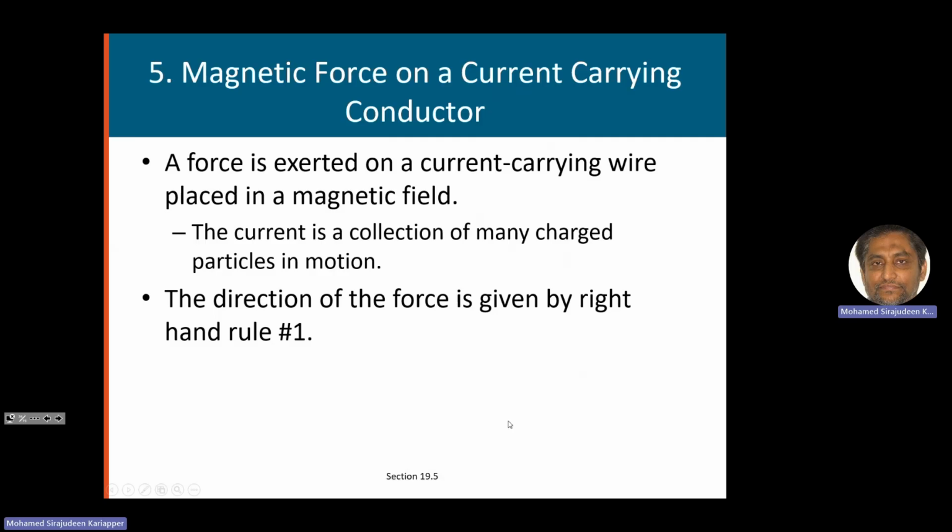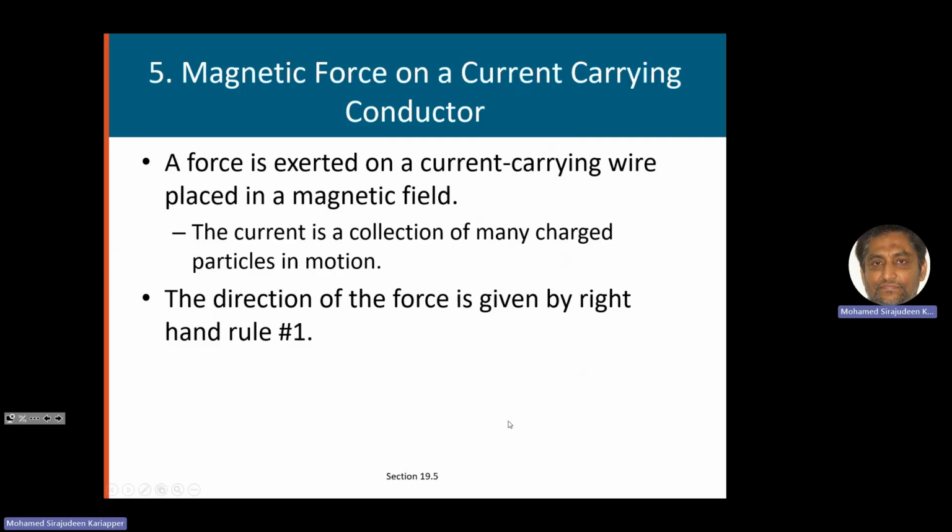So a wire has lots of free electrons, which are charged particles, not just one. Each electron is going to experience a force if it is placed in a magnetic field, because these electrons are moving. That means the whole wire will start to experience a force.